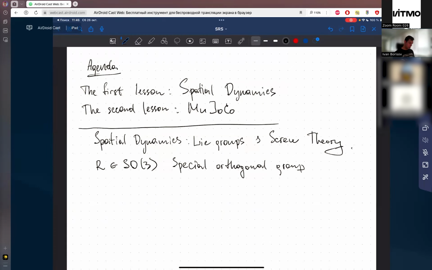In order to describe general motion, we use something which is called the homogeneous transformation matrix. It is denoted as H, and it belongs to SE(3). It means special Euclidean group.